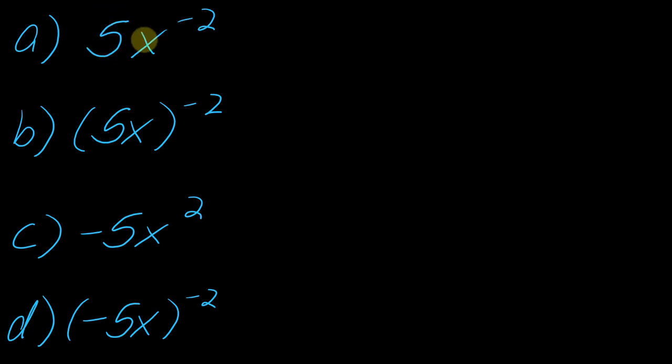The 5 does not have a negative exponent on it. So when I'm interpreting that, this right here, that's where I'm going to rearrange the x. The 5 is not coming along with it. The 5 does not have a negative exponent. The 5 stays put, but that x squared goes to the bottom.